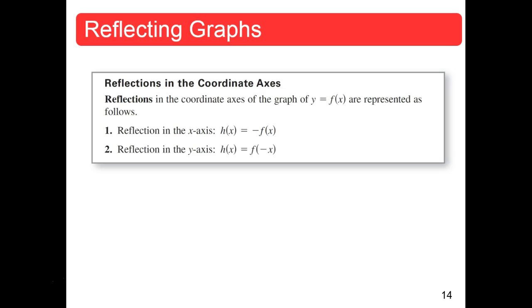But a reflection in the y-axis is if you had an f of x that was, say, doing this, and you negate x, you flip it this way across the y-axis, and then it would be like that. Now, sometimes they look very similar to each other, but you just have to pay attention to what you're negating. If you're negating the y, you're flipping across the x-axis. If you're negating the x, it reflects across the y-axis. Does that make sense? Okay.